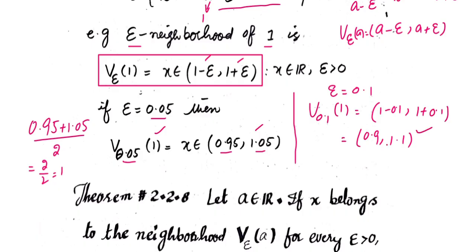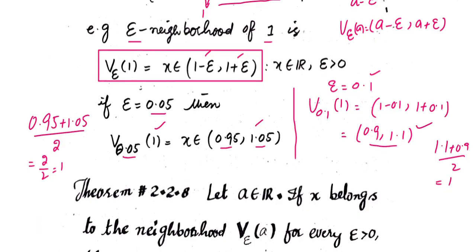Similarly, if you find the mean of these numbers, 1.1 plus 0.9 over 2, this is also equal to 1. So there are infinitely many neighborhoods of 1 by just setting different values of epsilon. So I hope now you have a clear understanding about a neighborhood of a point.